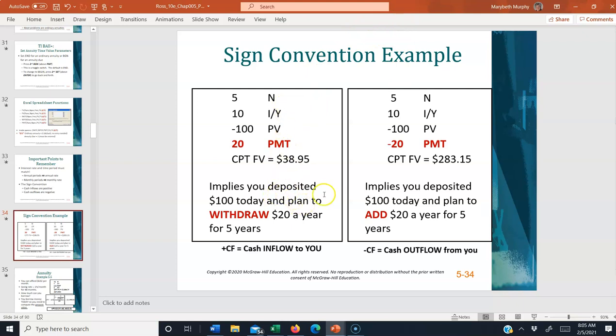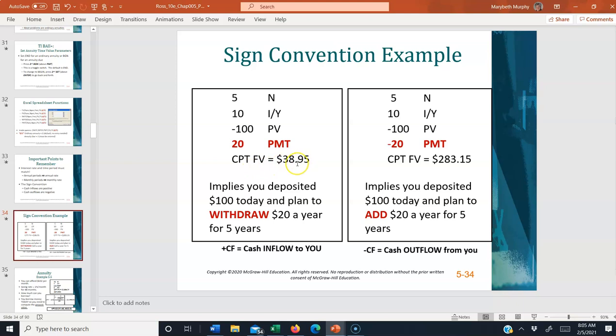The first one implies that you deposited $100 today and plan to withdraw $20 a year for 5 years. So N is 5, the interest rate is 10%. The present value is minus 100, because we invested $100, and $20 is the payment. So we're going to get that $20 a year for 5 years.